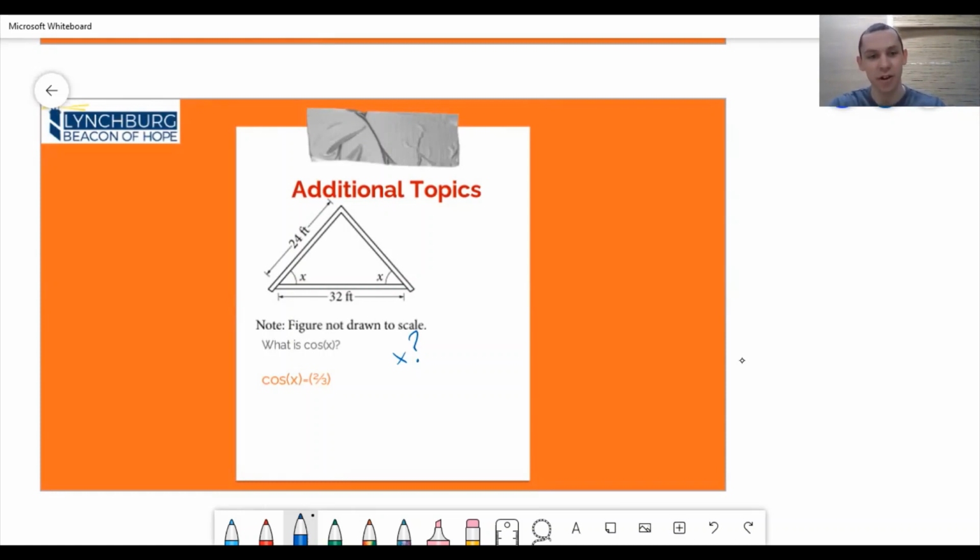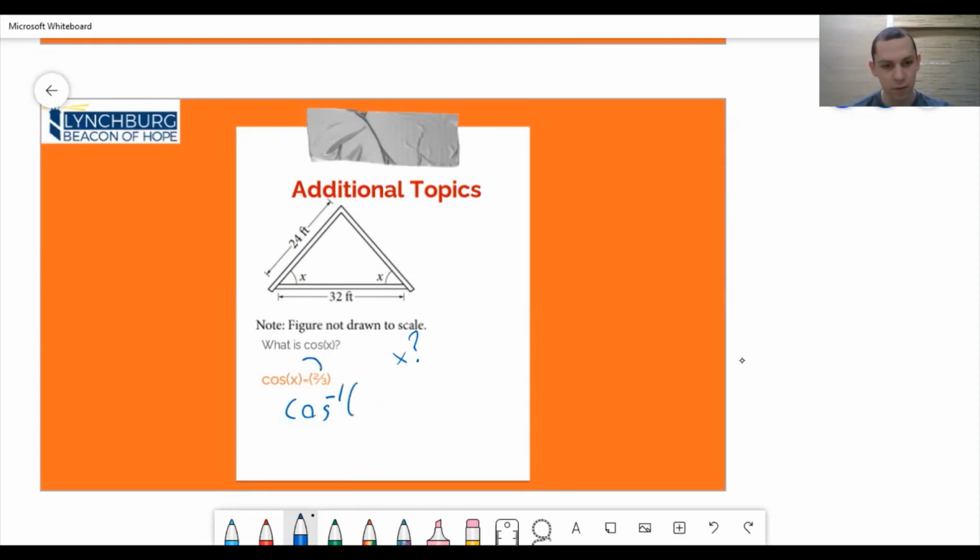To find the degrees given the measurement, if we have cosine of x, we can find x from that. Or if you have any of the three trigonometric functions, you can find x or whatever your angle value is from that. All you have to do is use the inverse trig function. So what we're going to do is use the inverse cosine, or cosine to the -1.